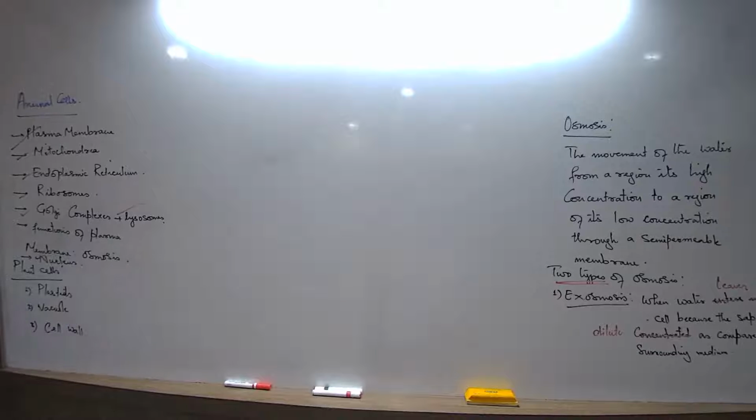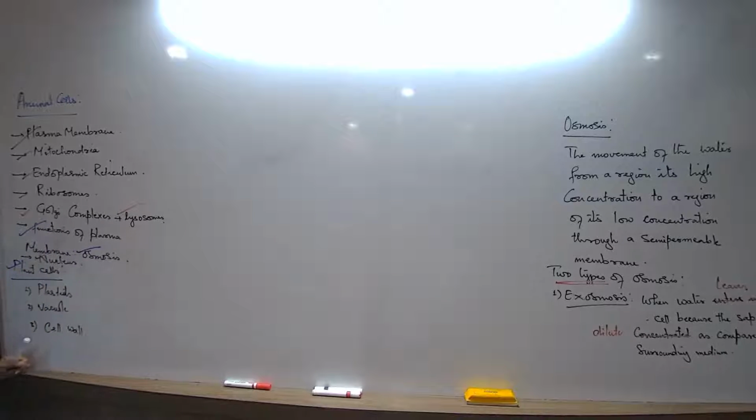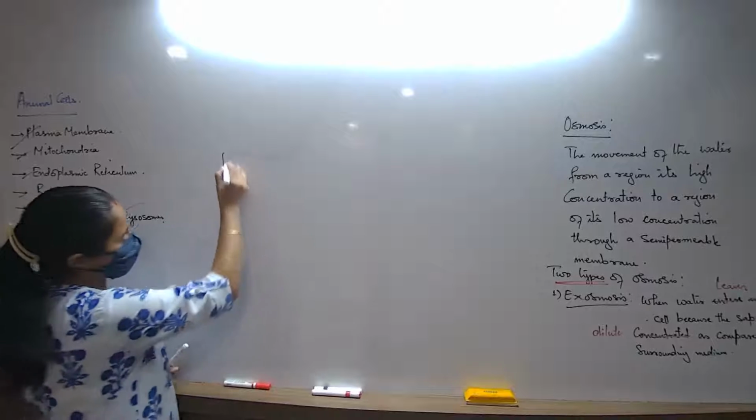So this is what you have to learn about the plasma membrane and the concept of osmosis. Now we take up the plant cell. Take out your pencils and draw this diagram.